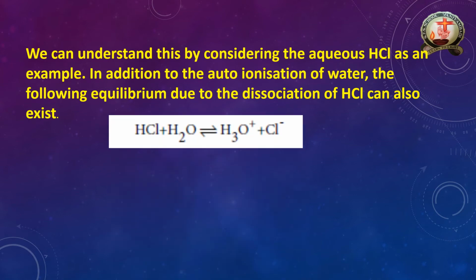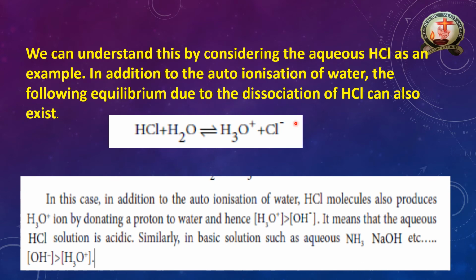When HCl is dissolved in water, the hydronium ion concentration and OH minus are both present. In addition to the autoionization of water, the HCl molecule also produces H3O plus ions by donating a proton to water, so H3O plus becomes greater than OH minus.